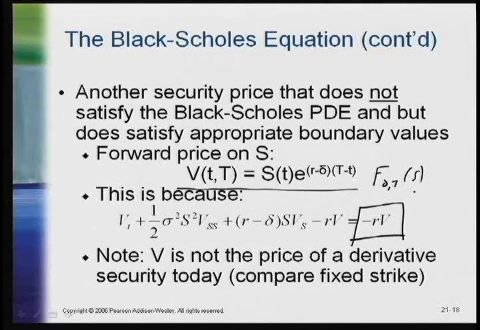We know that the forward price of a security will grow at the risk-free rate as you move through time. And what we see is that when we substitute in the Black-Scholes equation, this is like the stock with dividends, it's telling you that you're going to come up short, and in order to get a total return of 0, you have to add back in the appreciation of the forward price.